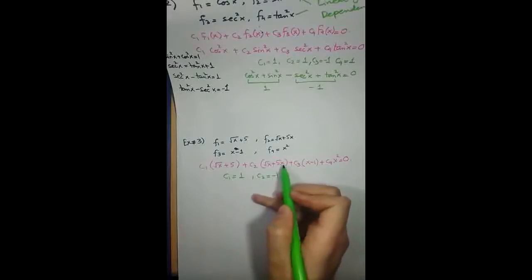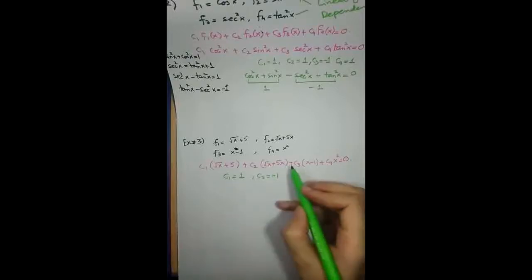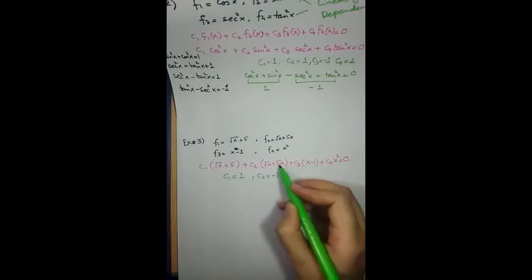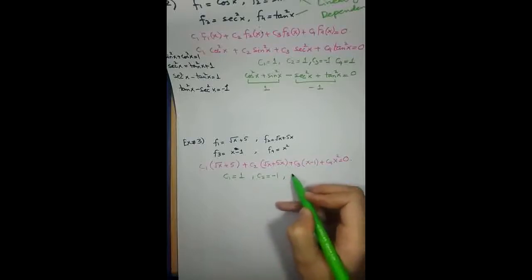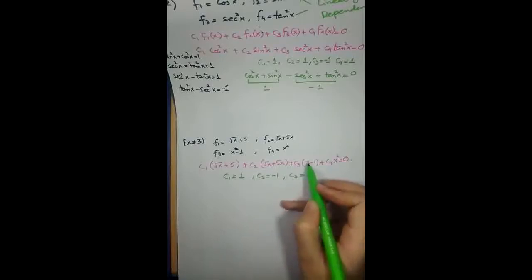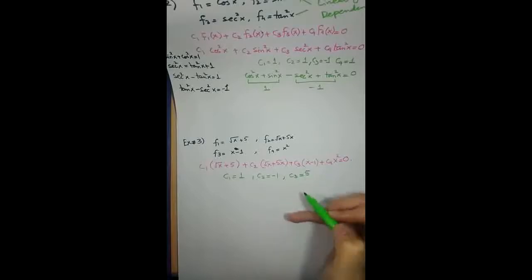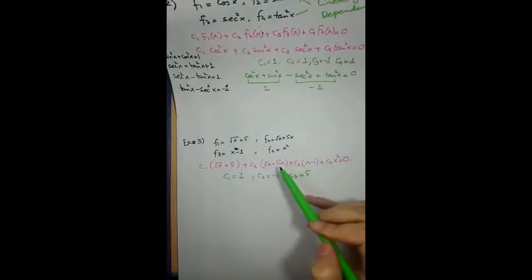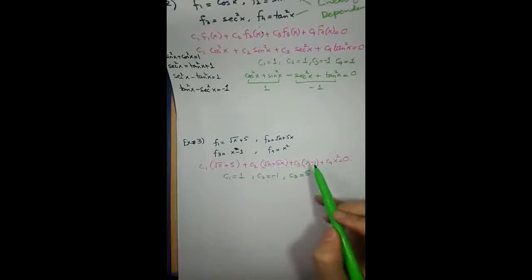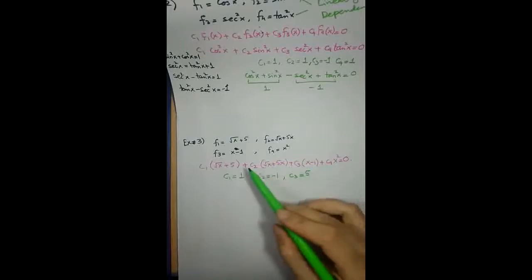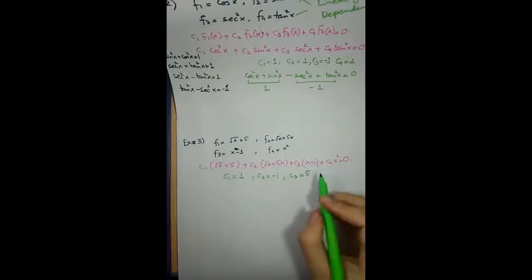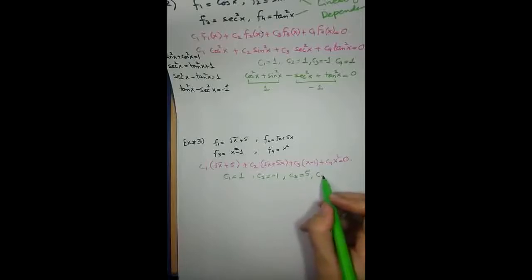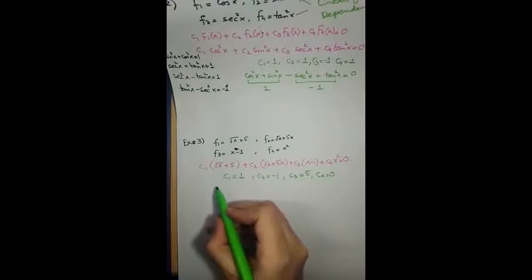So already it becomes minus 5x, and if I multiply this with minus 5x plus 5x, yes. If I take c3 as 5, so minus 5x plus 5x, yes, it gets cancelled. Minus 5, so plus 5 minus 5 gets cancelled, and c4 is selected as 0. Yes, this combination is good.